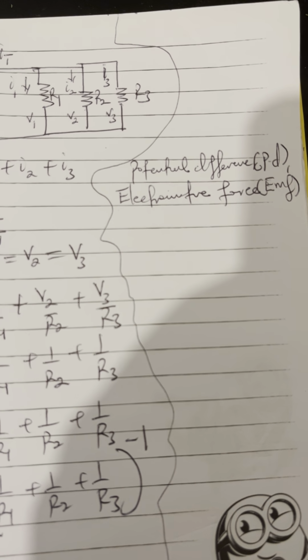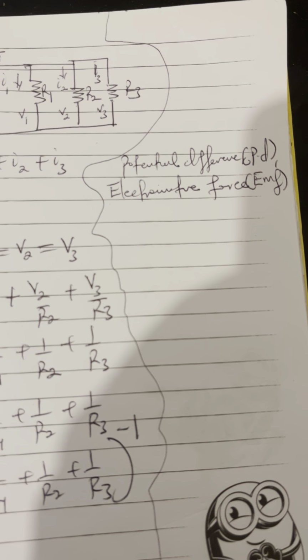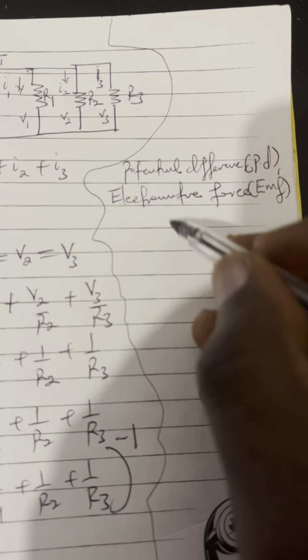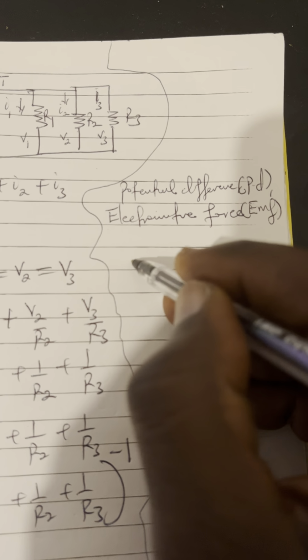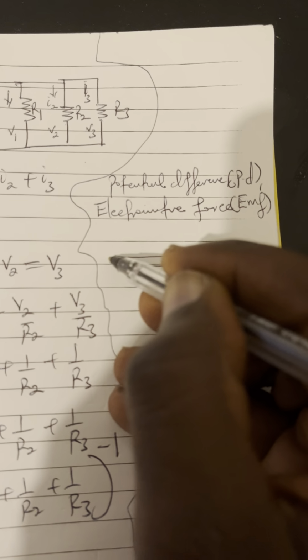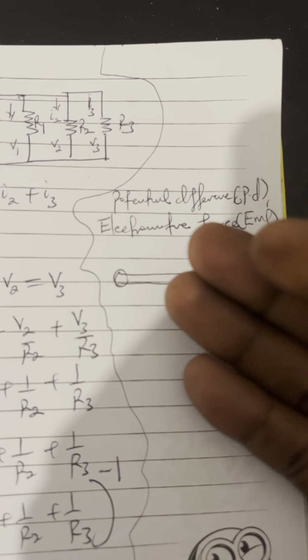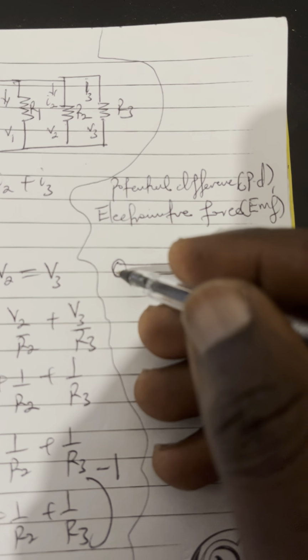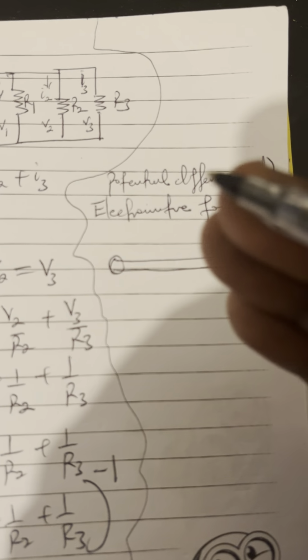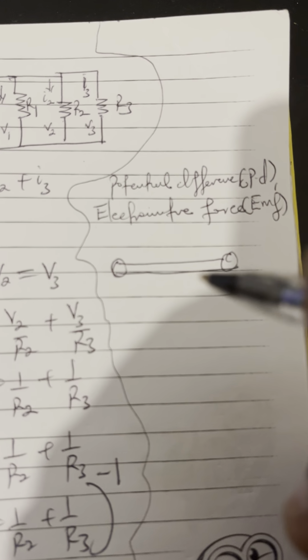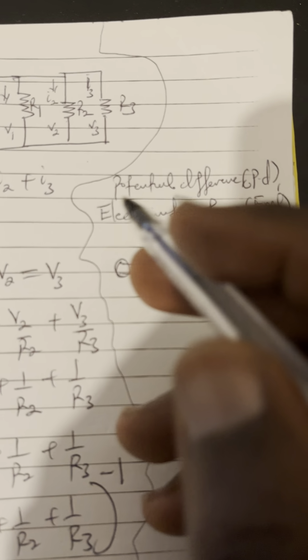If you look at the flow of current from one end to another, consider a pipe in the house. There is always a source where the liquid flows from one end to the other.